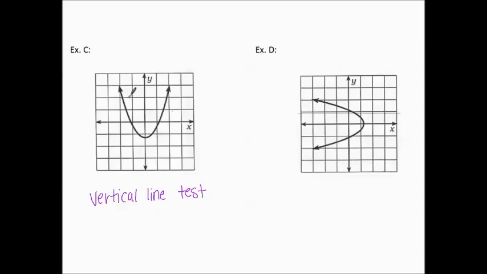I can draw my vertical line anywhere I want to. You can see I can draw multiple. Anywhere I draw a vertical line, I only hit 1 point. If I'm asked, is it a function? I've only hit 1 point when I draw my vertical lines. So yes, it is a function.